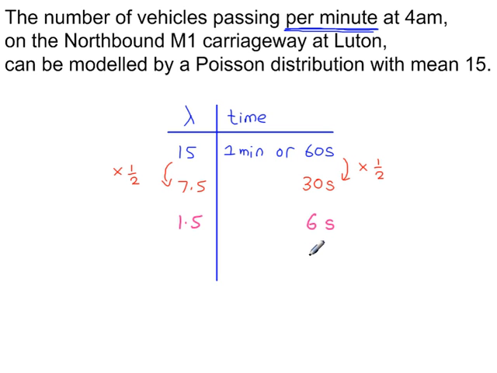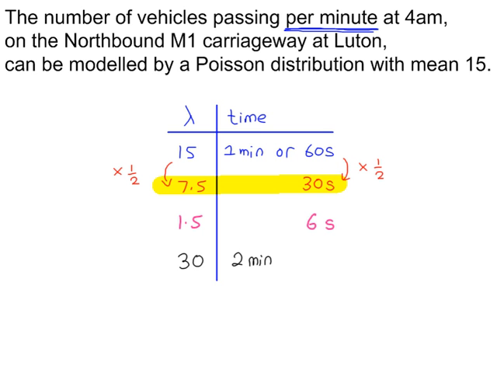Or if we're looking at a 2-minute interval, you multiply lambda by 2. So the new value of lambda is 30. Once you've modified your value of lambda, you carry out the calculations as before using the cumulative tables.